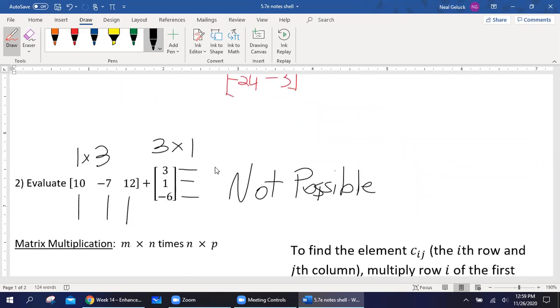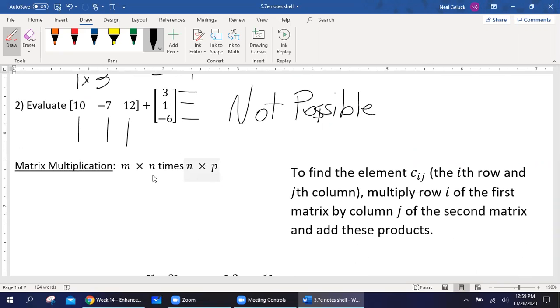What has to happen though is that the column number of the first matrix and the row number of the second matrix have to be the same. That's why I use the same letter. So these numbers must be the same. So that's your check on matrix multiplication.